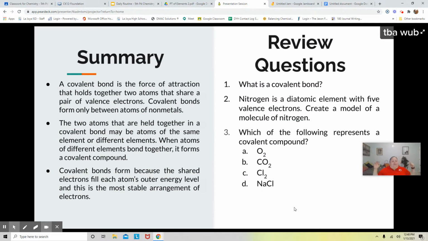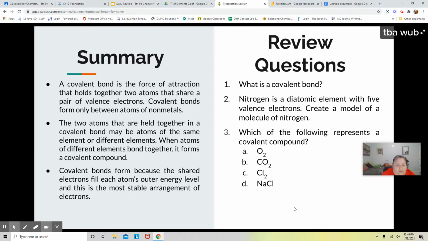In summary, a covalent bond is the force of attraction that holds together 2 atoms that share a pair of valence electrons. Covalent bonds only form between atoms of nonmetals. 2 atoms that are held together in a covalent bond may be atoms of the same element or different elements. When atoms of different elements bond together, it forms a covalent compound.